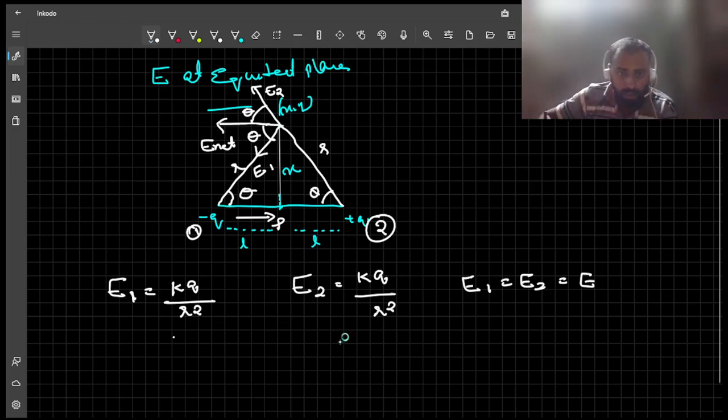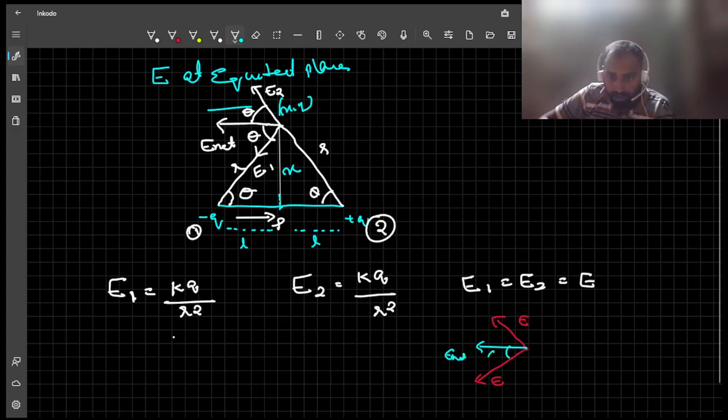Okay, I'm redrawing it here. This is our observation point. From here, one electric field is going like this. One electric field is going like this, right? And the resultant electric field is this.